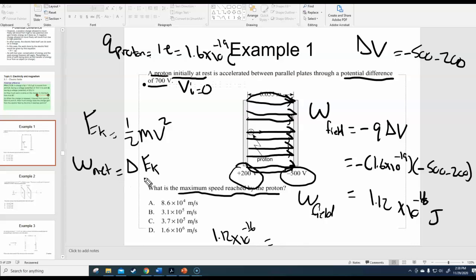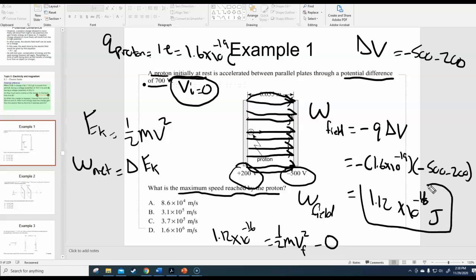And the change in kinetic energy would be 1/2 m v final squared minus 1/2 m v initial squared. But v initial is 0 because the proton was initially at rest. In other words, the proton had no kinetic energy to start with. The amount of kinetic energy it has now is equal to how much energy the field just put in.